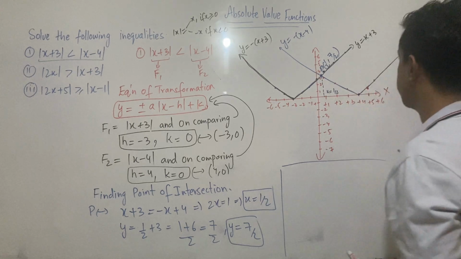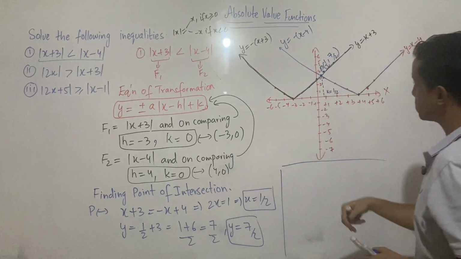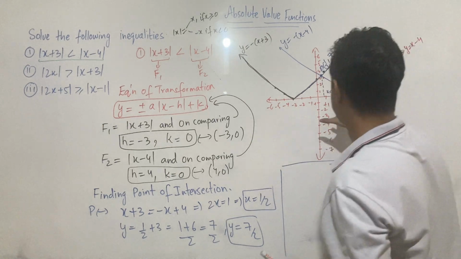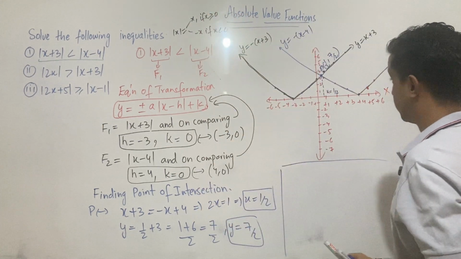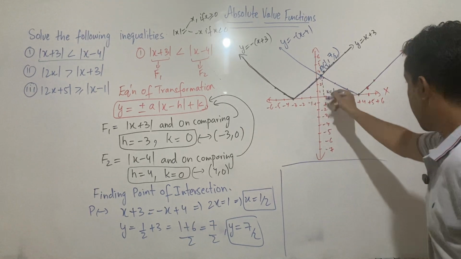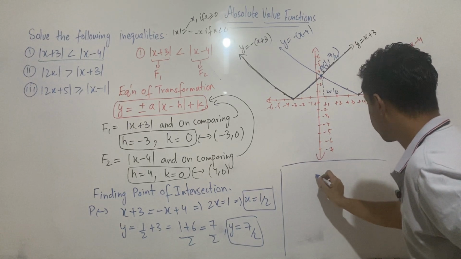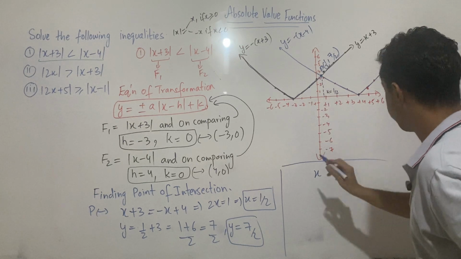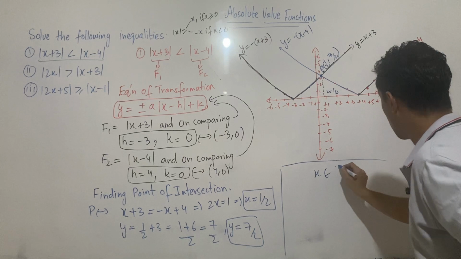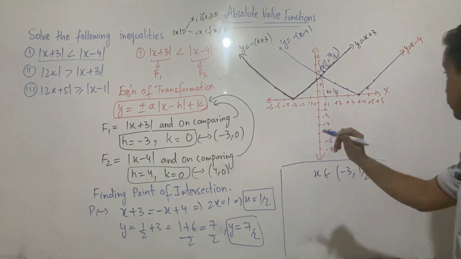I can just write here. If you extend these lines towards this side, I don't think they are going to meet. It seems like they will go parallel. But for this region, the value of x is going to be minus 3 to 1 by 2, right?